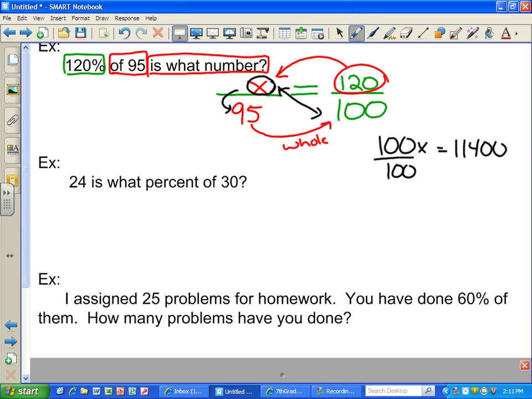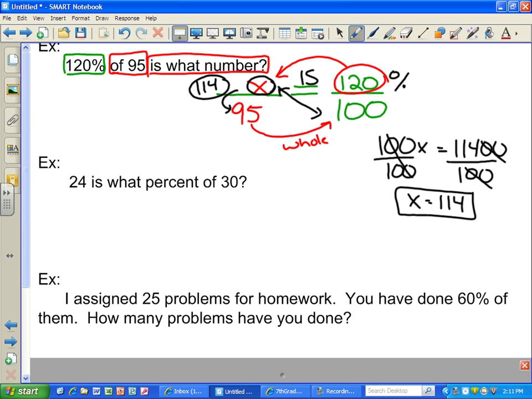Divide both sides by 100. These two cross out, so we have 114. So that means that 114 is 120% of 95, which again makes sense because 114 is bigger than 95, and 95 represents 100%.